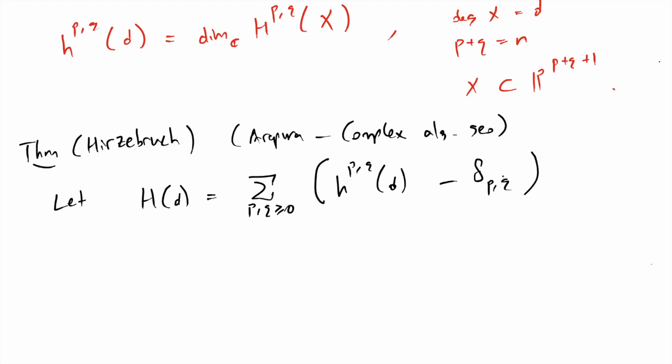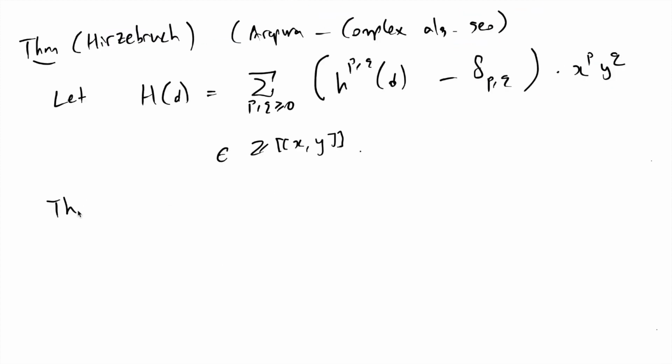Well, there's a reason we need to correct this. We'll see this again in the next lecture. But this is 1 if p equals q and 0 otherwise. So it's essentially h^{p,q}. And what makes this a generating series is that I'm going to put these dummy variables. So this is an element in the formal power series in x and y. And the theorem says that H_d has a very clean expression as a rational function in x and y.